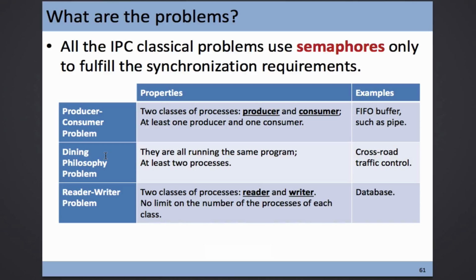How about multiple? Two, dining philosophers. The name itself is funny, but it is not a funny implementation. The implementation itself is very horrible, and you can use it to implement cross-road traffic light control. No matter how many roads come together, you can implement this control using dining philosophers.